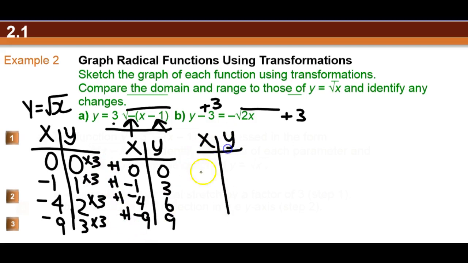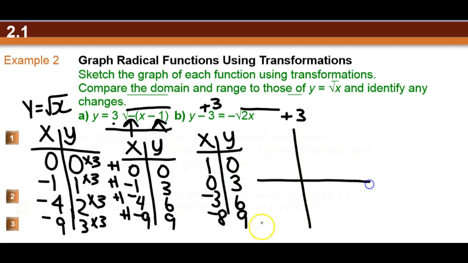So my new points are going to be 1, 0, negative 3, negative 8. Okay, and then all I do is graph my final points here. So 1 and 0, 0 and 1, 2, 3, 1, 2, 3, negative 3, and 6, somewhere over here. So our picture is going to look like, there we go.